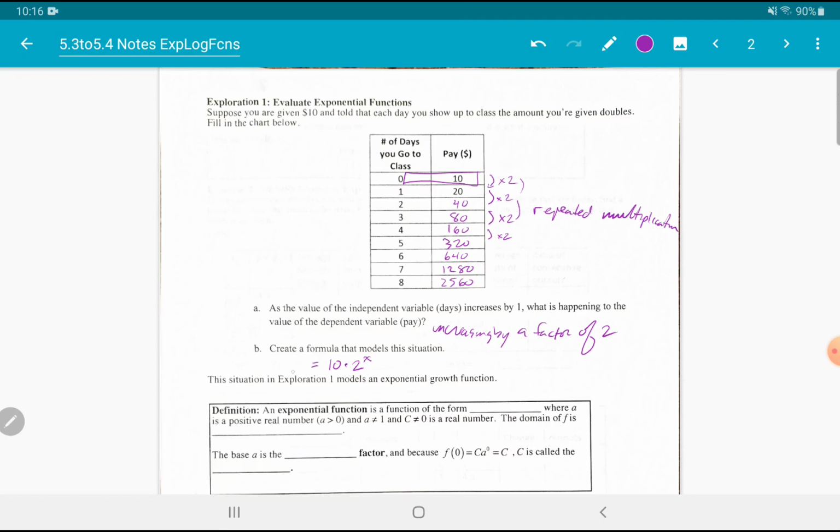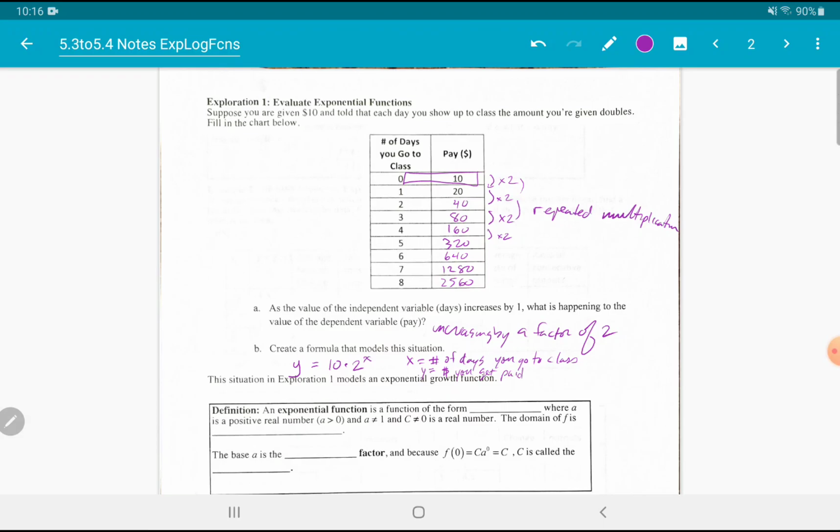And that's going to equal our equation, our y. y is equal to 10 times 2 to the power of x, where x represents the number of days you go to class, and the y value represents the amount of money you get paid.